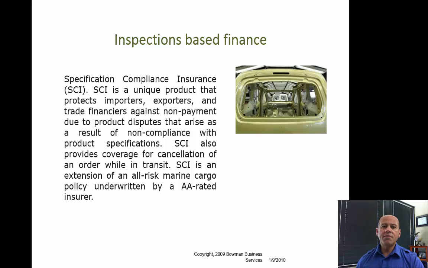Basically, this is a hybrid of a marine policy. A marine policy protects goods against loss or damage. But this particular SCI insurance not only protects against loss and damage, but it also protects against non-performance of a seller or cancellation of an order by a buyer.